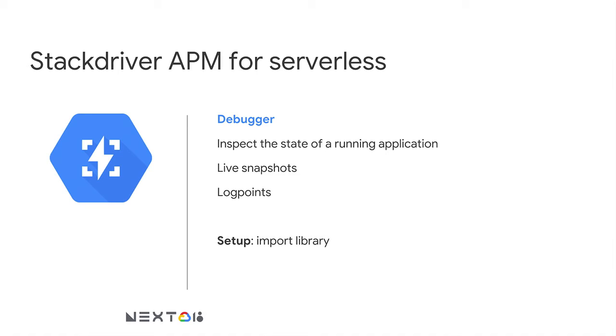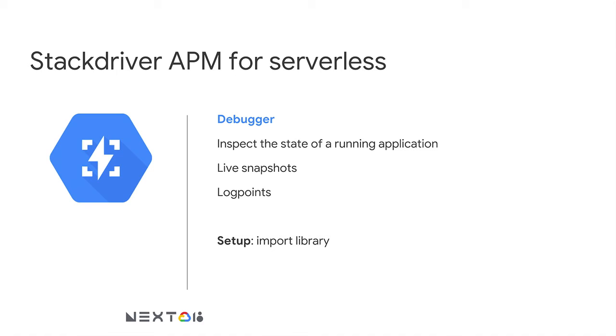So we have snapshots, and we have one of my favorite features, which is log points. How many times did you redeploy a new version just by adding some log statement because you couldn't figure out what was wrong in production? What Debugger log points allow you to do is simply add log statements dynamically in your code, without having to redeploy.